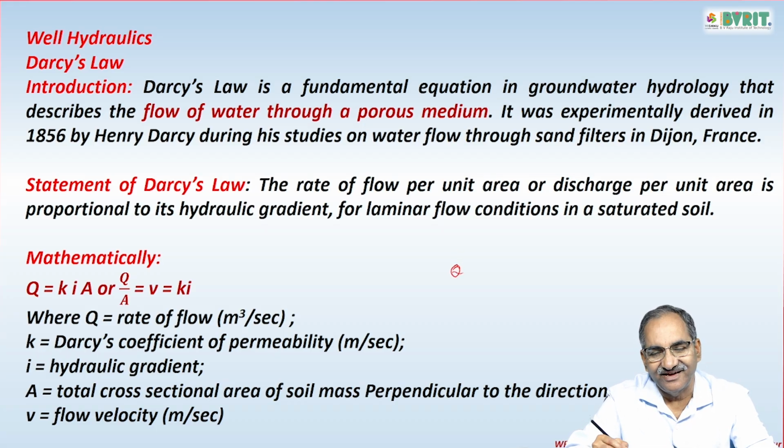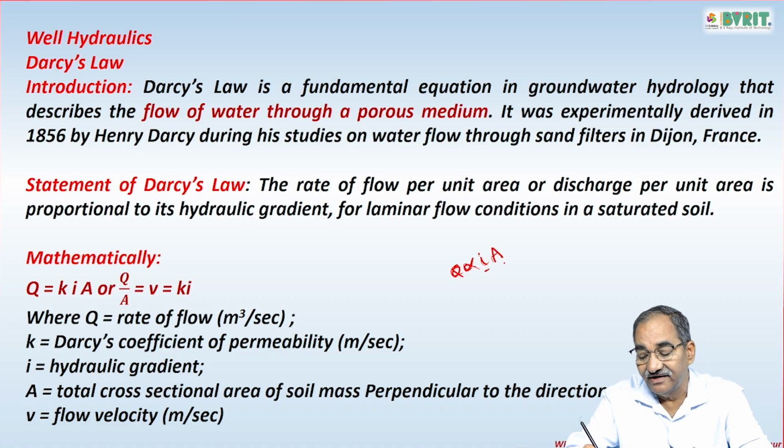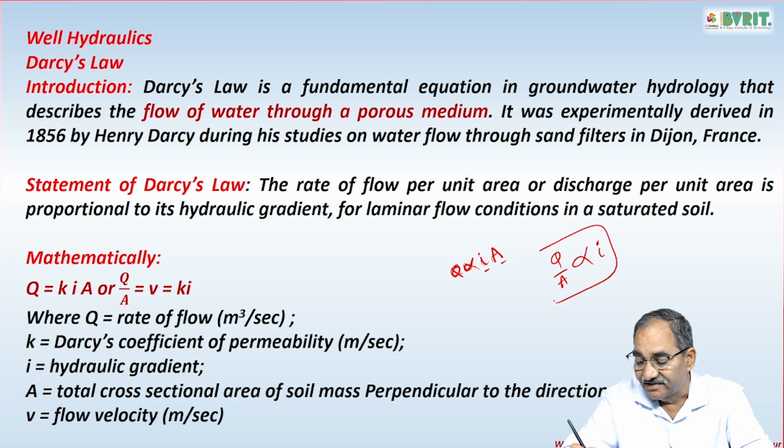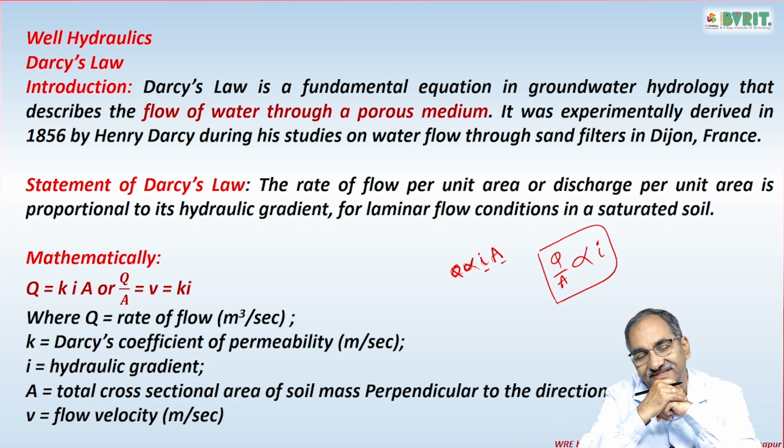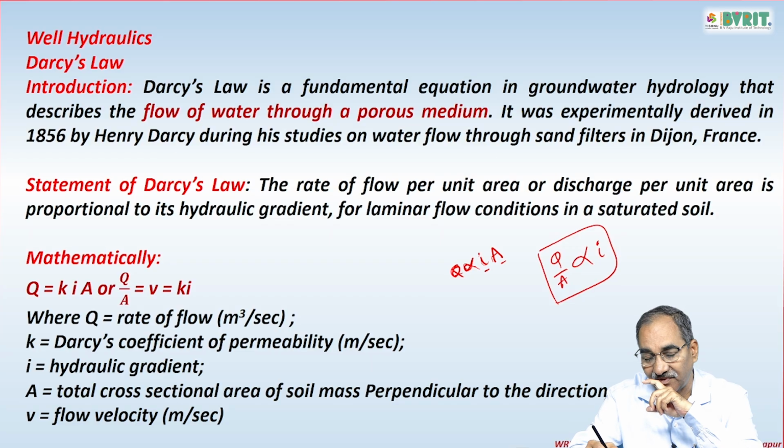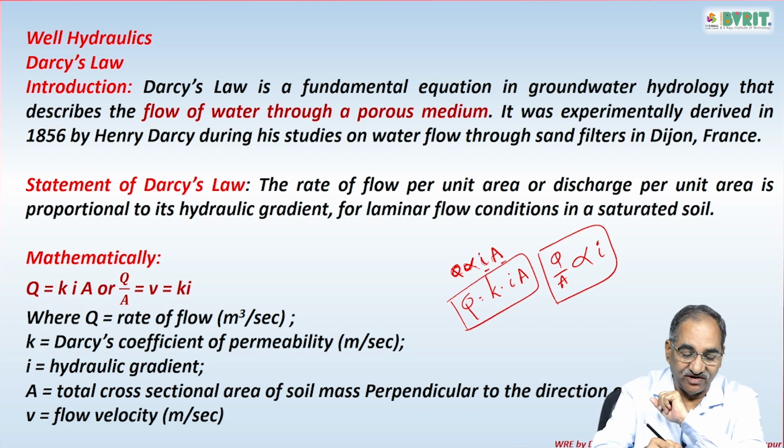So per unit area, if I take it to the other side, Q by A is proportional to I, the hydraulic gradient. This is what Darcy's law is. Or Q is proportional to IA, or Q is equal to some coefficient into IA.